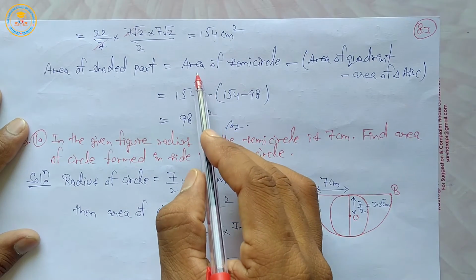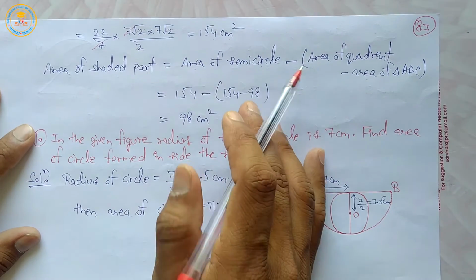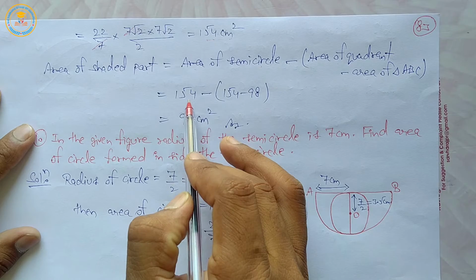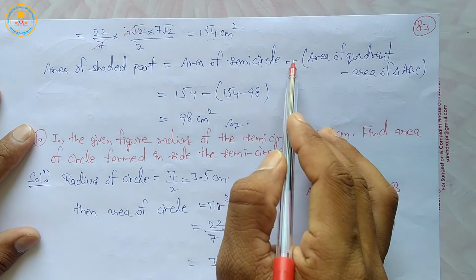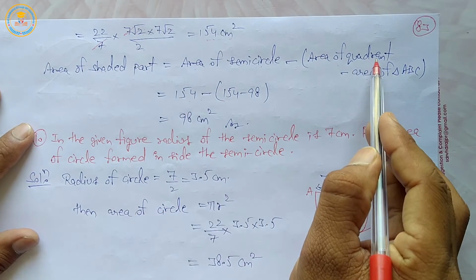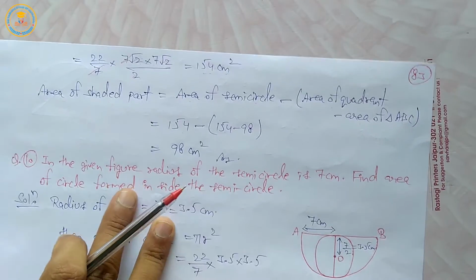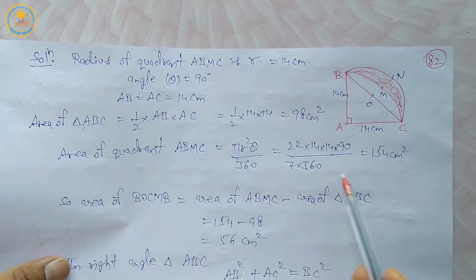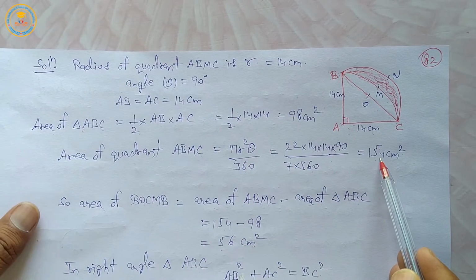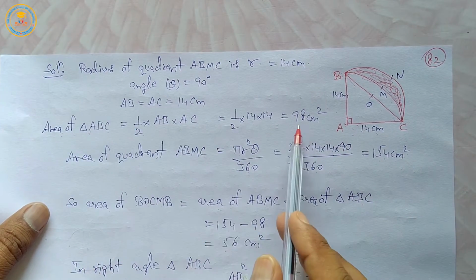Area of semicircle is 154 as it is, minus area of quadrant, which is 154, and area of triangle is 98.